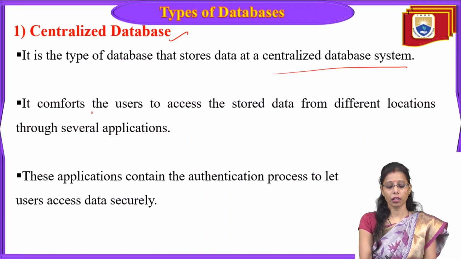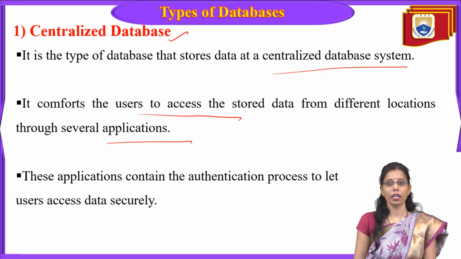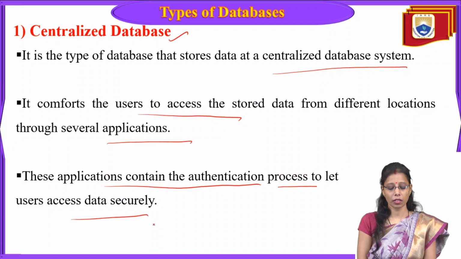It lets users access the stored data from different locations through several applications. Once the data is centralized, all the data is fed into a system which stores a huge amount of data, and from there, based on the application, it is distributed to different locations. These applications contain an authentication process to let users access the data securely.